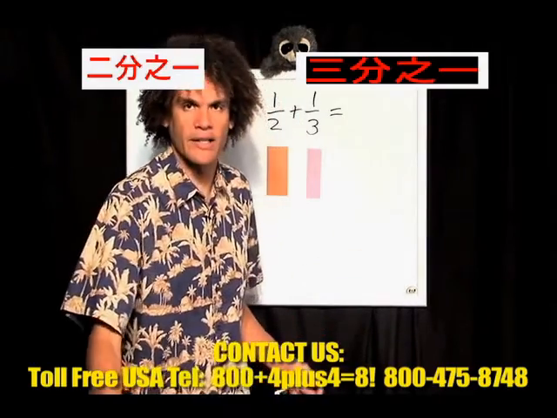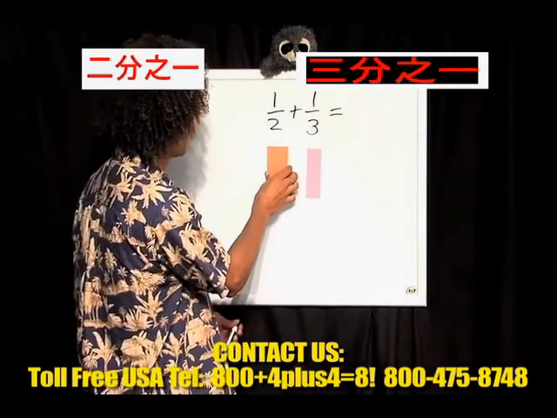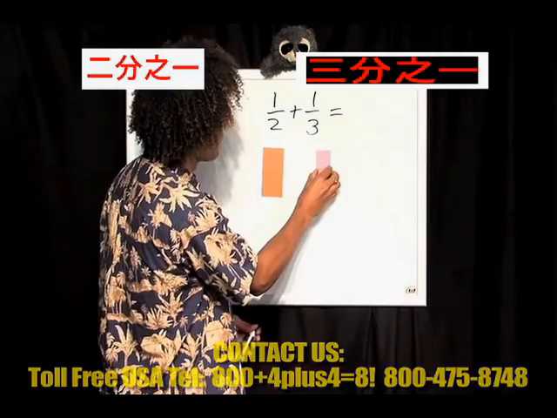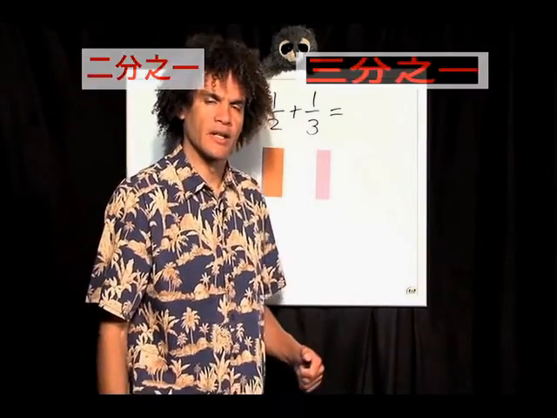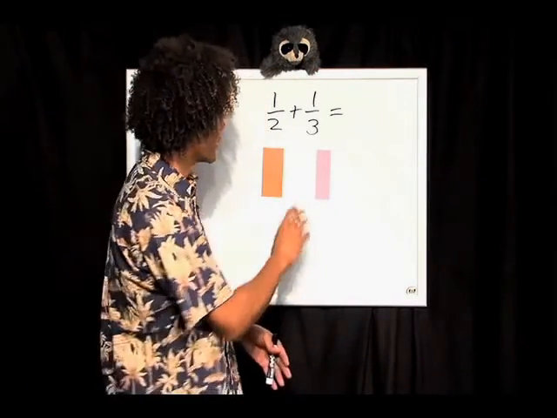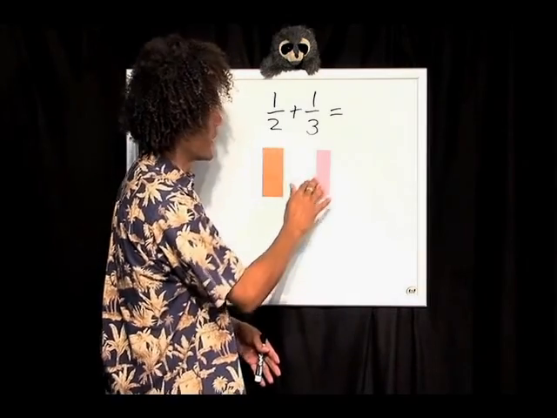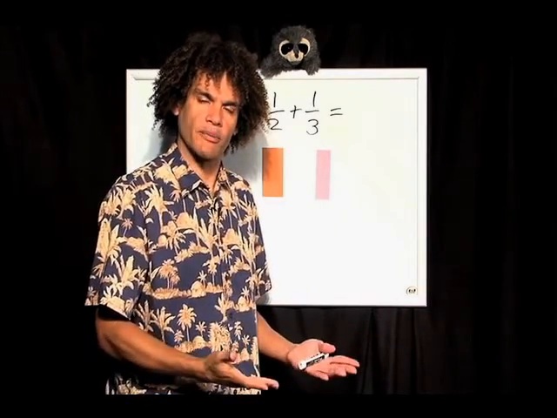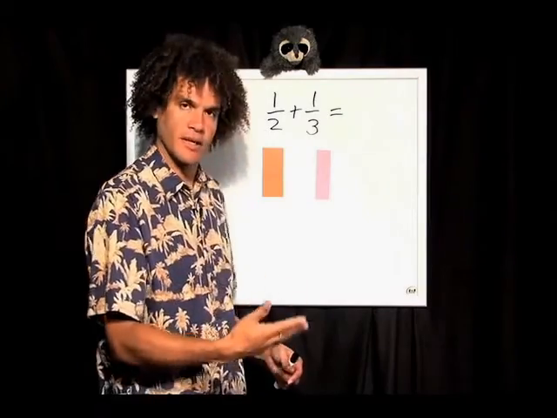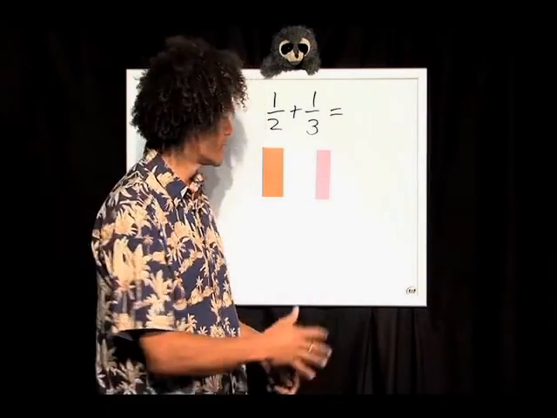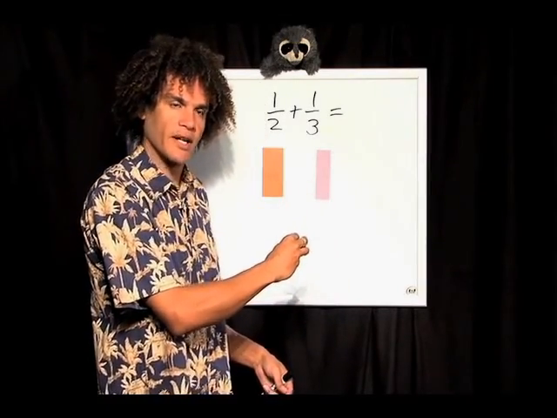I have a box of cereal, actually 2 boxes of cereal. One is half full, and the other is a third full. And I want to put them together. Now for little kids, we can just ask the simple question, if I put a third and a half together, will I have enough room in the box? Take it a step further, if there is enough room in the box, how much do I have? How full will the box be?